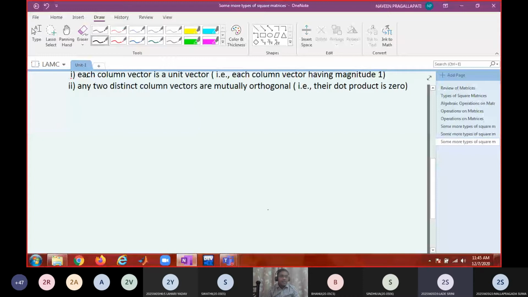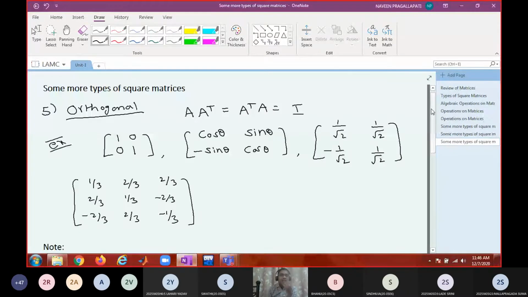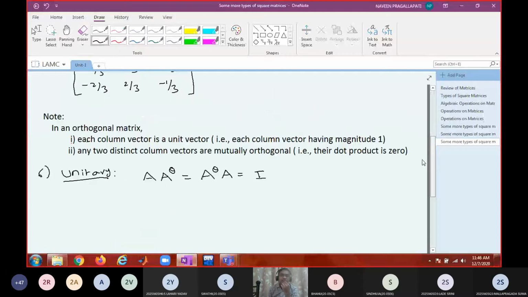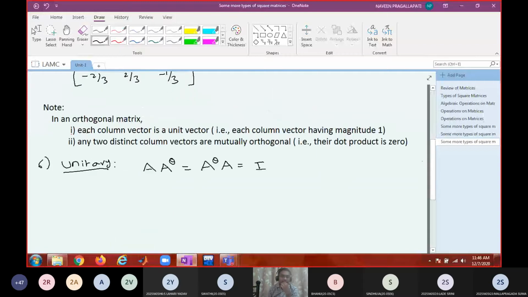Unitary matrix. Anyone remember the unitary matrix definition? A power theta equal to A power theta A equal to I. Similar to that of orthogonal. Instead of transpose, generally orthogonal matrices are referring to real, unitary matrices are referring to complex matrices.